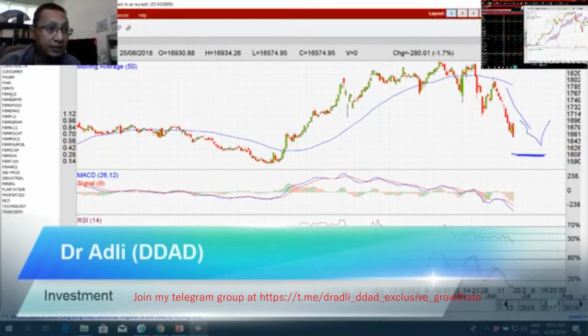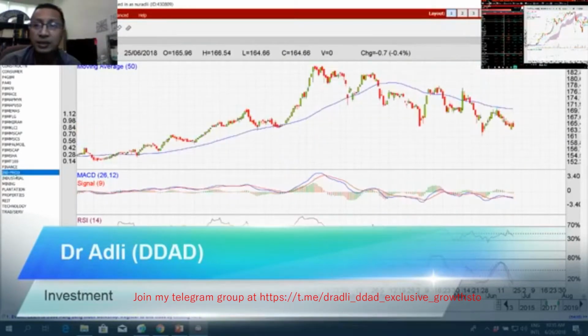That is finance. And then you can also look at industrial products. You can see that this is the MA50. So this is also going down. So you want to buy at the lowest point, probably here.